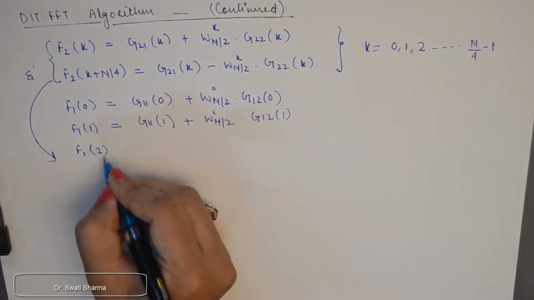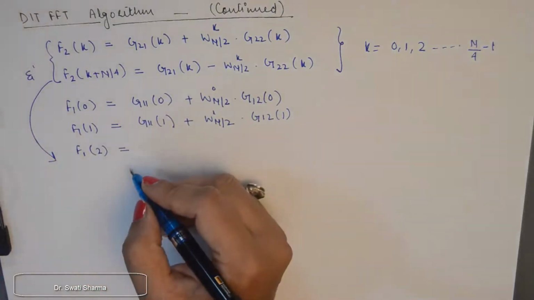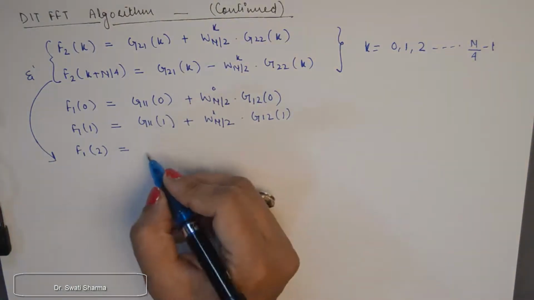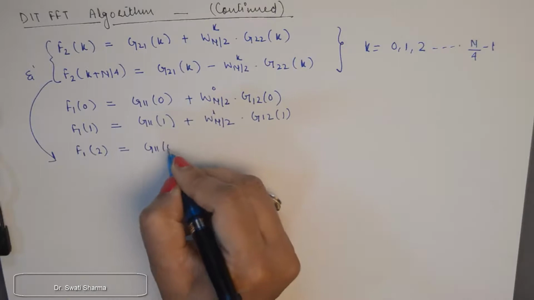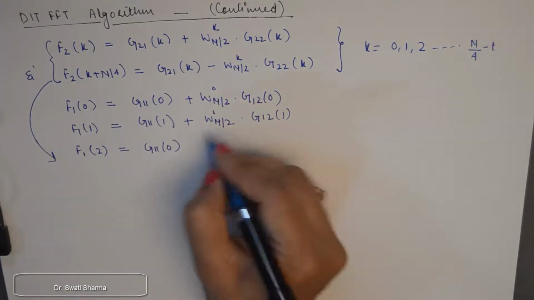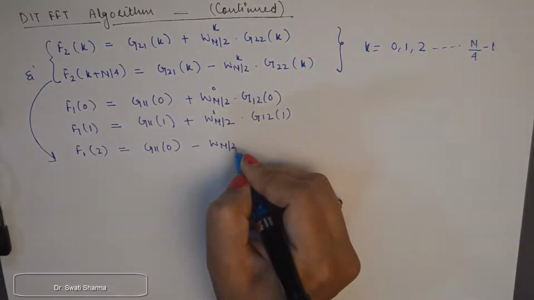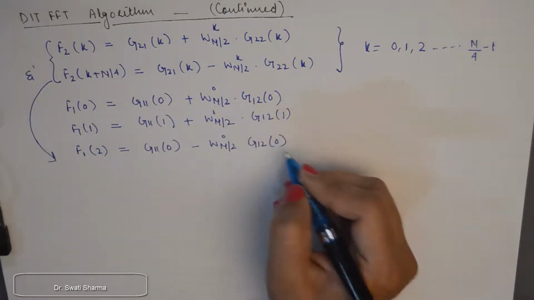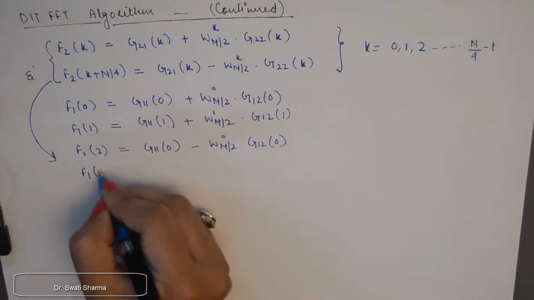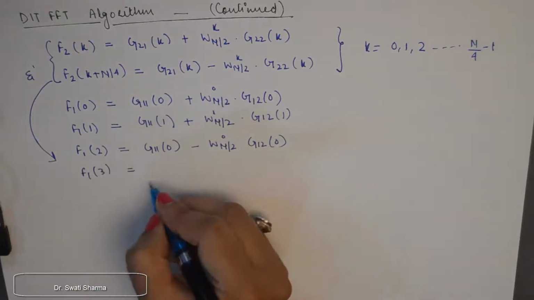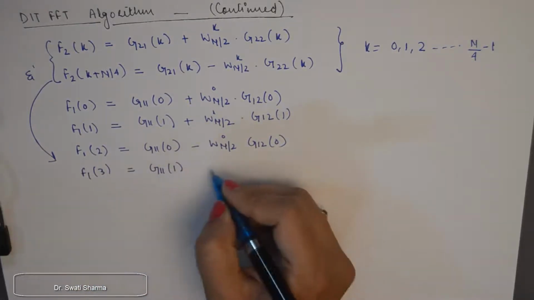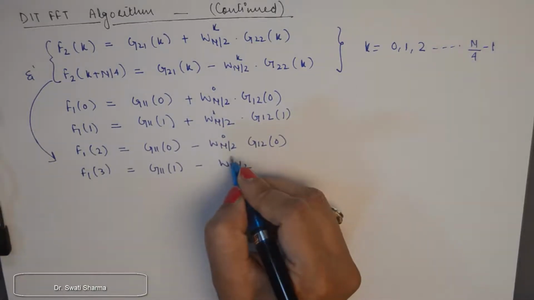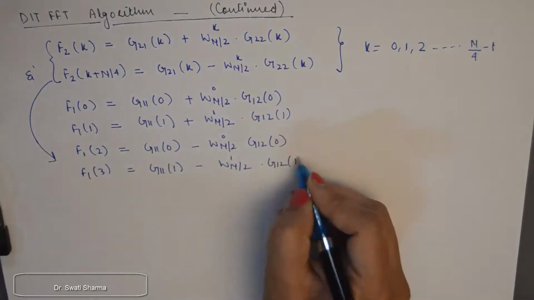So f1 of 2 will be equal to g11 of 0 minus W_N by 2 to the 0 into g12 of 0, and similarly f1 of 3 will be equal to g11 of 1 minus W_N by 2 to the 1 into g12 of 1.